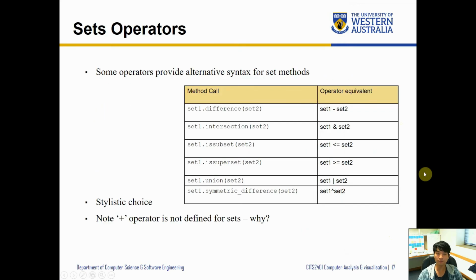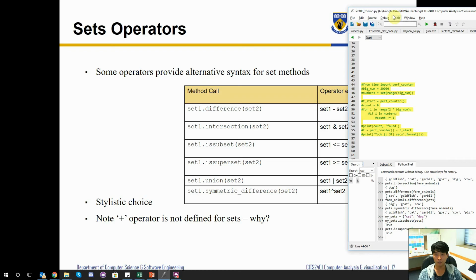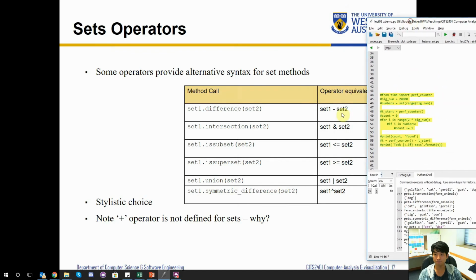All right. And for some of these methods, we can apply operators. Like the set difference, we can use a minus. For intersection, we can use an ampersand. Issubset is less than or equal to, issuperset is greater than or equal to, so I can go my_pets is a subset of pets.